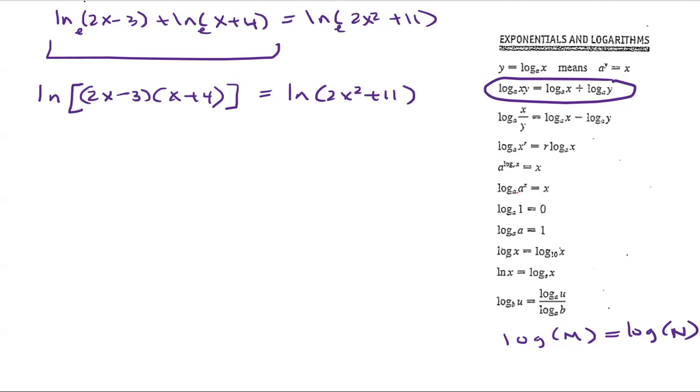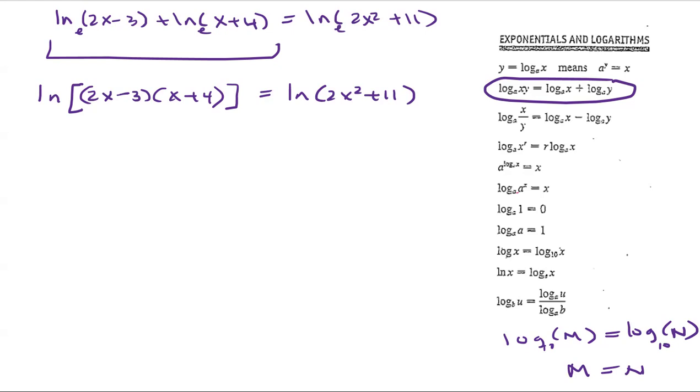They're the same thing. So if I have the same log, if this was base 10 and this is base 10, if they have the same base, what I can do is just equal what's inside the parentheses. So that means m is equal to n. And then I solve it.